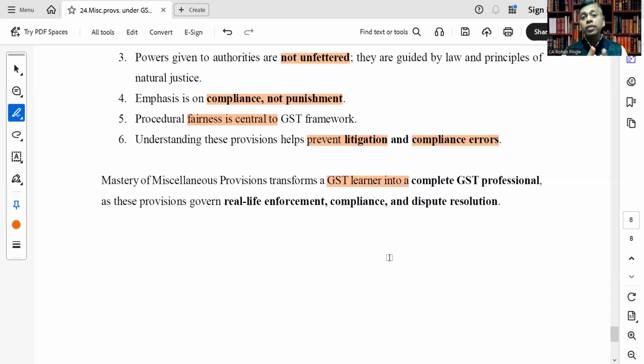I can say the same thing: if you learn from this GST Relearn video series, from part 1 to part 24, you will be able to go into the market with a good amount of knowledge. So go and study all parts from part 1 to part 24 of GST Relearn. It's very, very important. It is basic, covering various provisions with small guidelines and small provisions in simple and very understandable language.